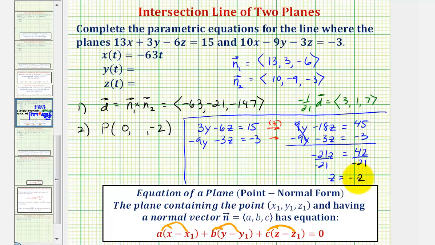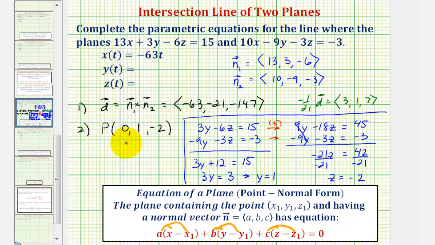If z is equal to -2, using the first equation we'd have 3y minus 6 times -2, that's +12, equals 15. Subtracting 12 on both sides, we have 3y equals 3, and therefore y equals 1. So we'll use this point to find the equation of the line of intersection.